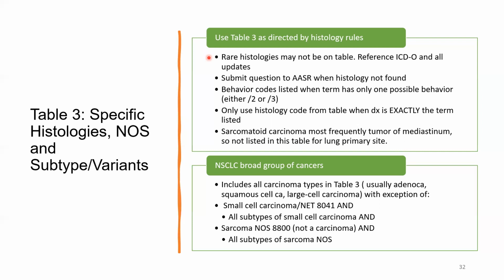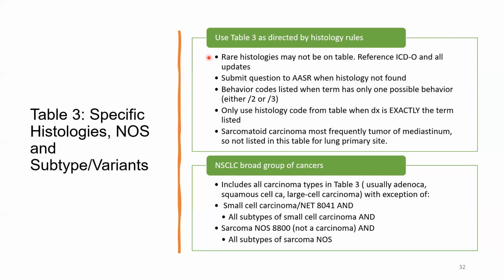Remember those behavior codes. Some histologies can only be one of those behaviors, and the table will give you that behavior if that's the only one it can be. Make sure you're matching exact terms.